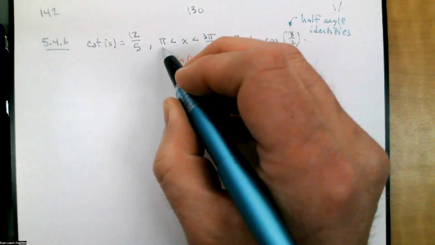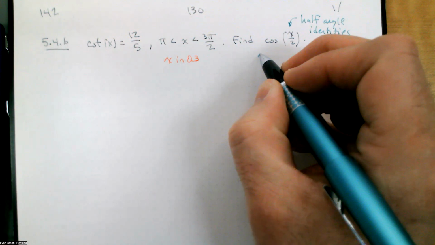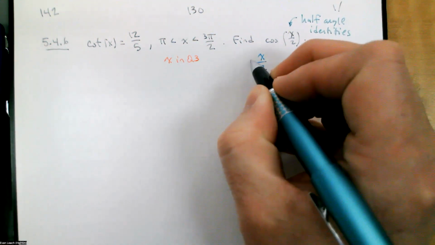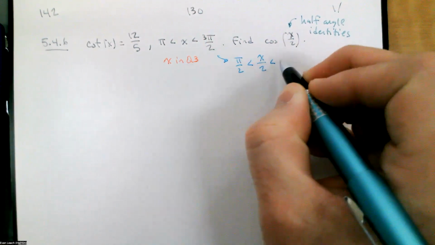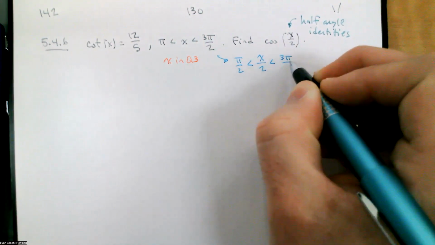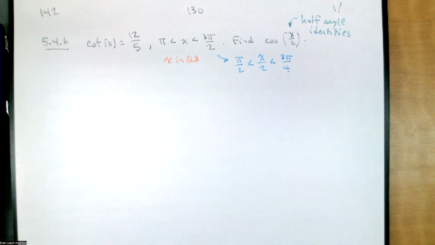So if x is between pi and 3 pi over 2, if I divide everything by 2, x over 2 will be between pi over 2 and 3 pi over 4. So we can see that x over 2 is going to be in quadrant 2. It's more than pi over 2, but less than 3 pi over 4. So somewhere between 90 and 135.